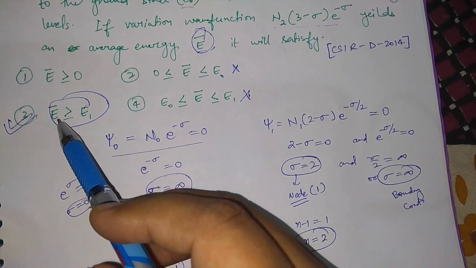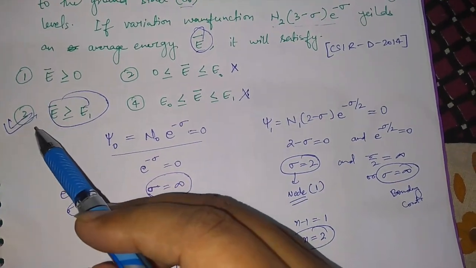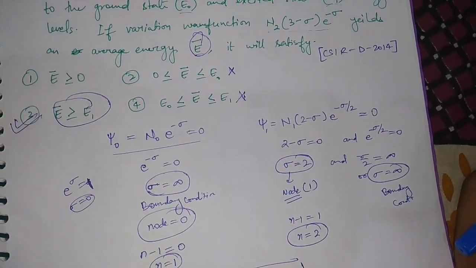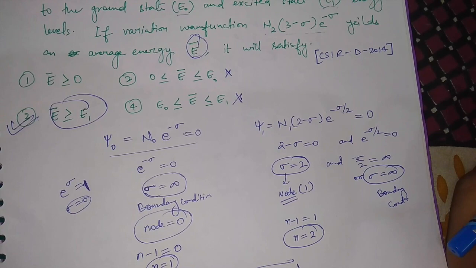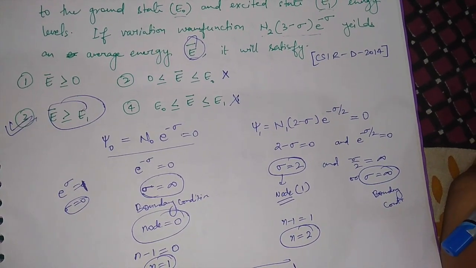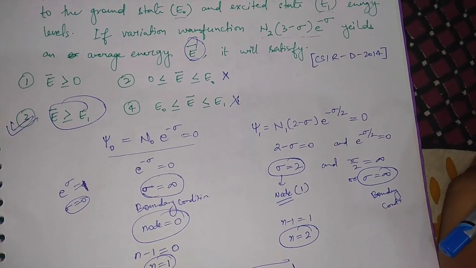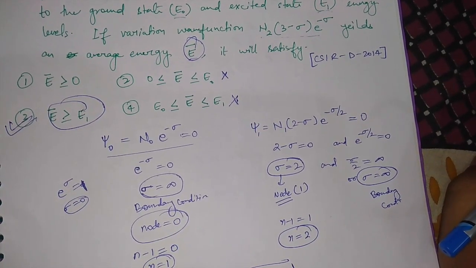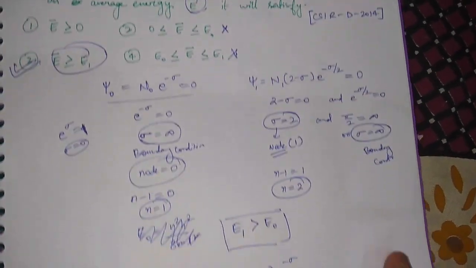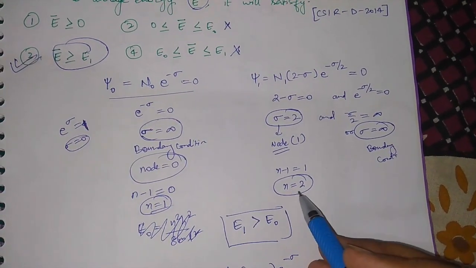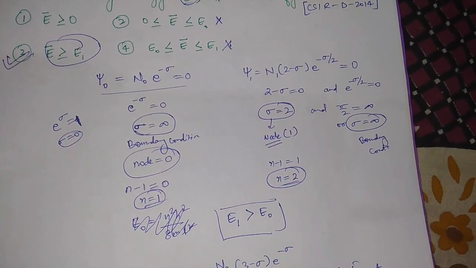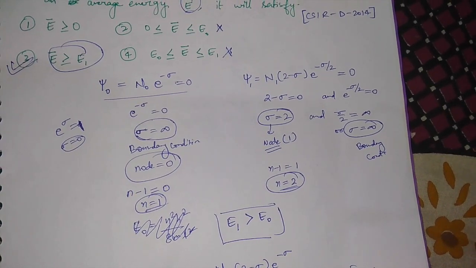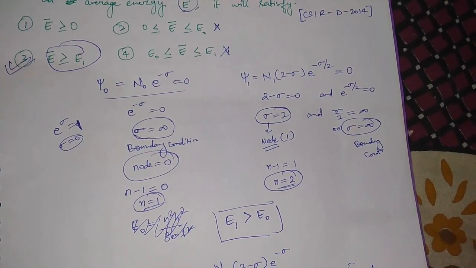The only one in which E bar is given as the highest one is your second, and the first one can also be correct because the average energy from the trial energy will be greater than 0, but it will be 0 only if your E1 and E0 both come out to be 0. But over here they are not 0 actually, they will have some value because the n values are not 0, so they will have certain values, right? So that is why your option number 2 is the correct option. Okay, so you can easily cancel out 2 options by just looking at them. So that's how you have to do the question from here.